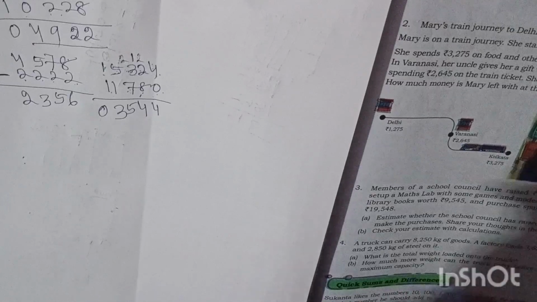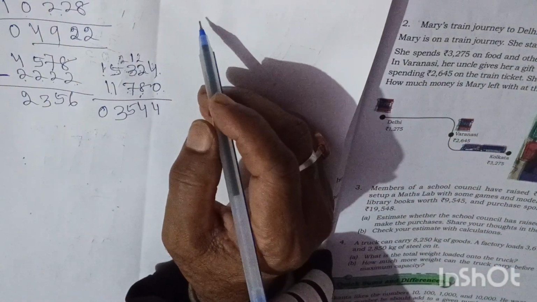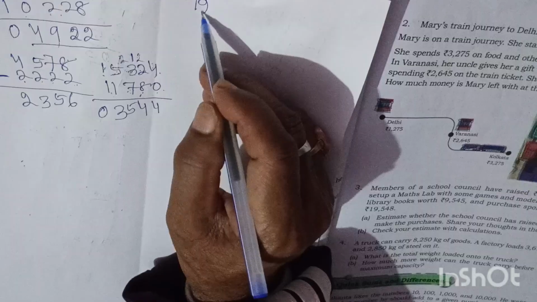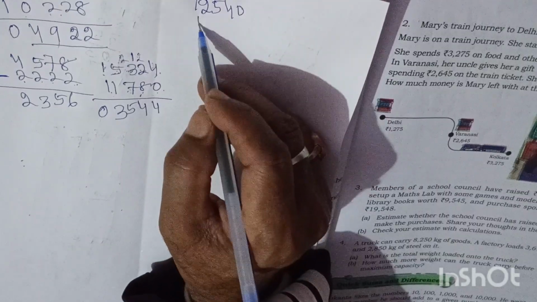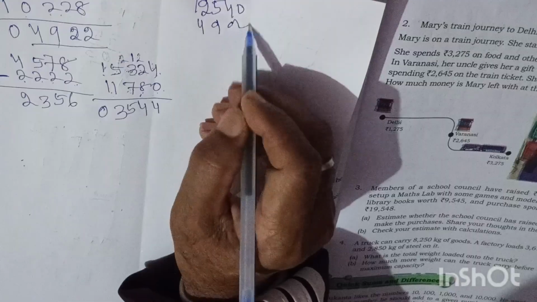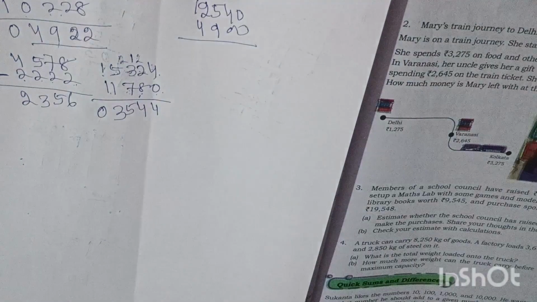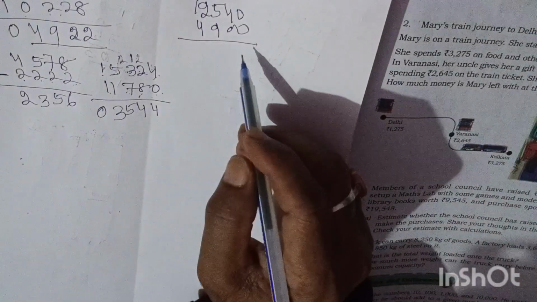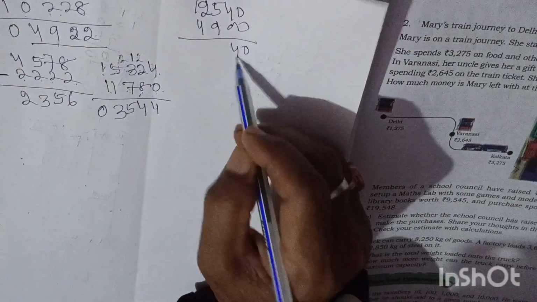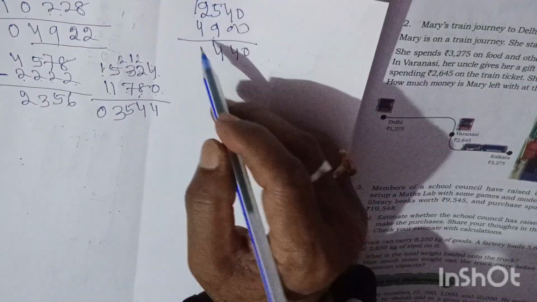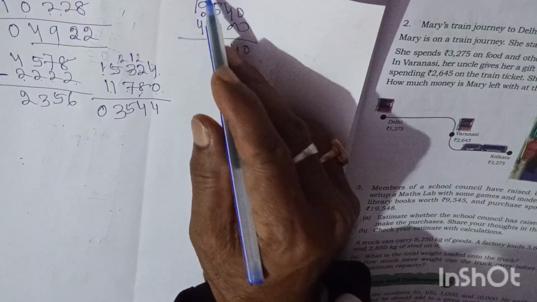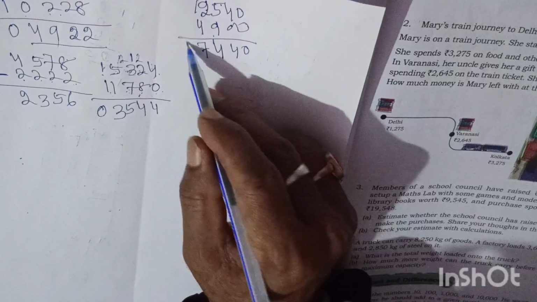So the total amount is 12,540 plus 4,900. You have to add those two numbers. That is the total amount she has. So 0, 4, 9 plus 4, that is 14, carry 1, 4 plus 2, that is 6, plus 1 is equal to 7, 1.